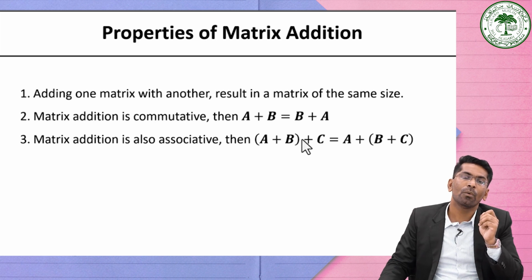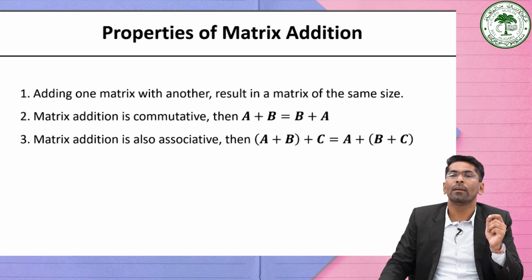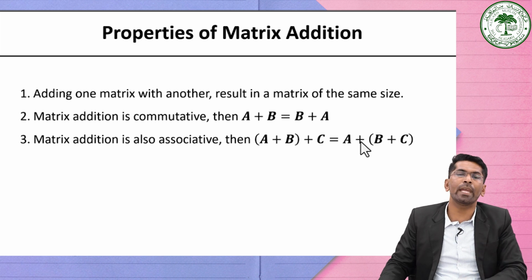For example, if we have three matrices A, B and C, then (A plus B) plus C is also equal to A plus (B plus C). So here, the grouping of addition of three matrices does not affect the result. That means matrix addition is associative.